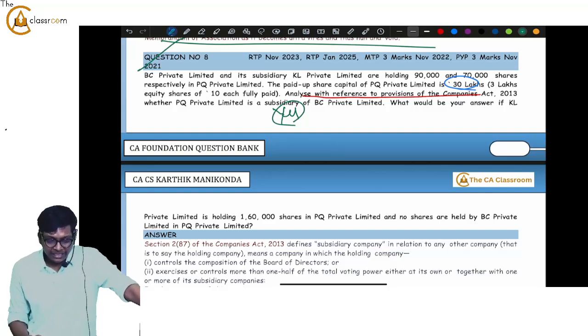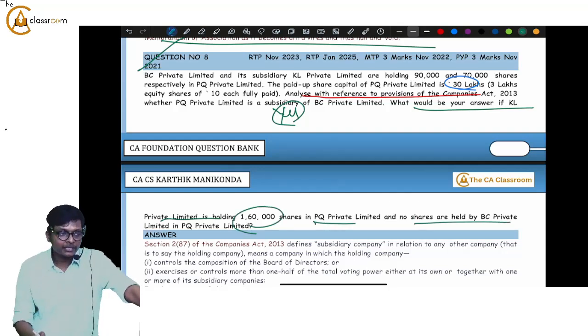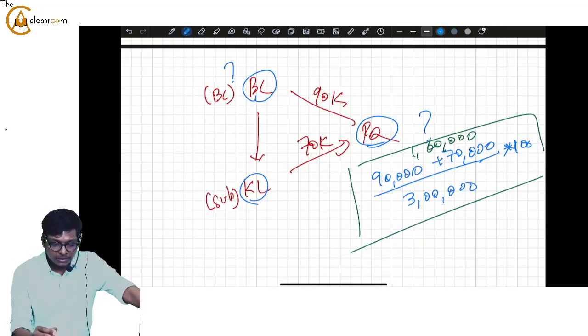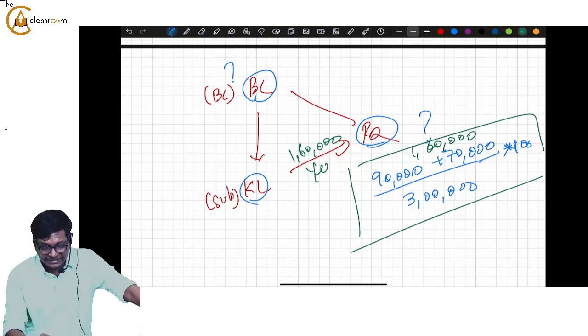What will be your answer if KL is holding 1,60,000 in PQ and no shares are held by BC? Here it is 0, but instead of 70,000 it is 1,60,000. Still the answer is yes.